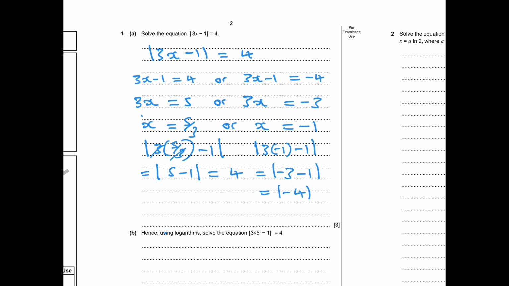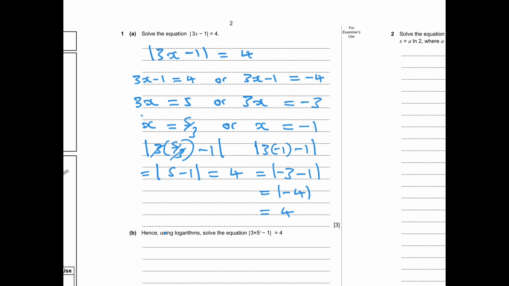All right, of course, modulus of negative 4 will give me 4. So of course, that shows me that both solutions that we got, x is equal to 5/3 and x is equal to negative 1, are both valid. Okay, so those are our solutions. So that's what we need to do for 1A.